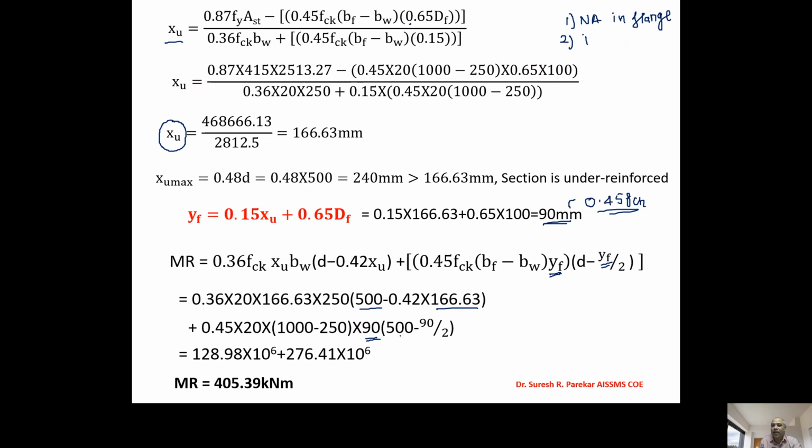Second, we have df less than 3/7 xu, so my whole flange has 0.45 fck. And then df greater than 3/7 xu, where I have to find the value of yf, and on this equivalent depth my stress is 0.45 fck. So these three are the problems related with your flange section.